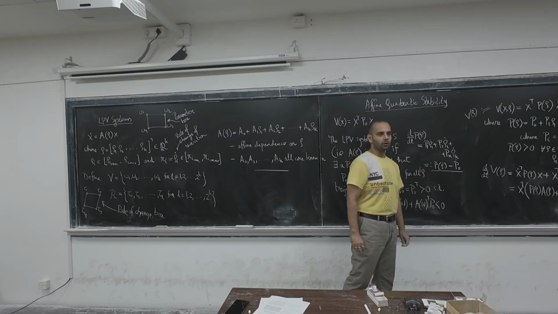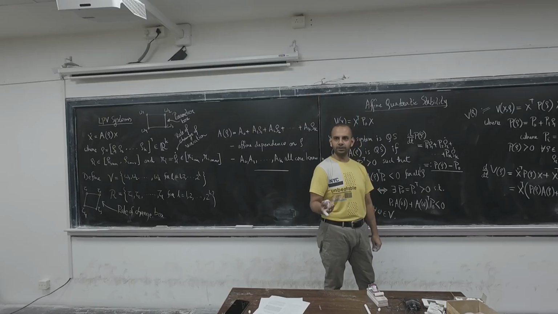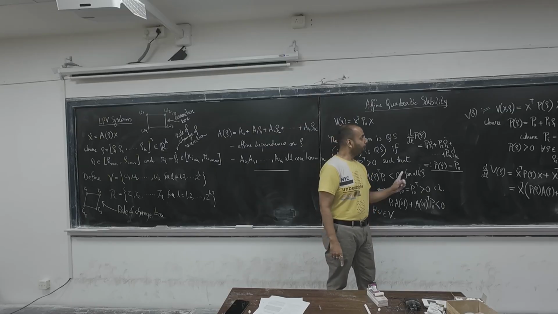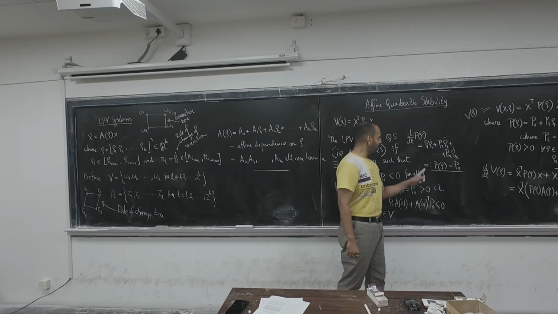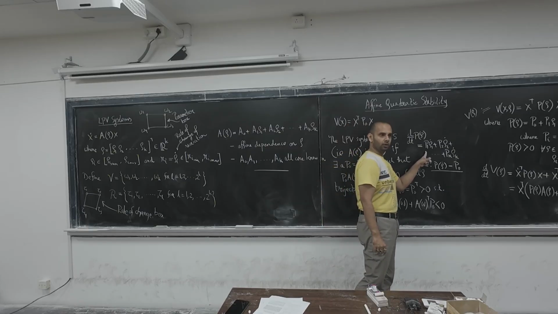P rho dot minus P0. Here you might have a confusion, that is what does it mean? If P rho means P0 plus P1 rho 1 up to Pk rho k, then you just replace rho by rho dot. Then what would it be? P1 rho 1 dot plus P2 rho 2 dot up to Pk rho k dot. But here you don't have P0 because ddt of P0 is 0.